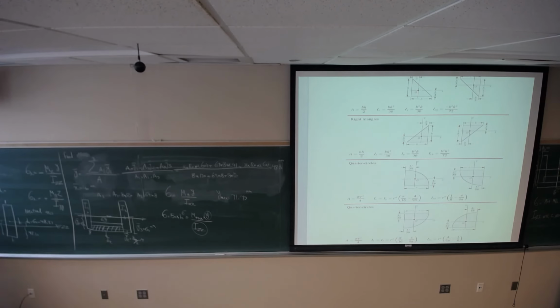So to find I1ZZ, I need to add this distance, which is 11.79, squared, times the area: 11.79 squared times 120 times 8.